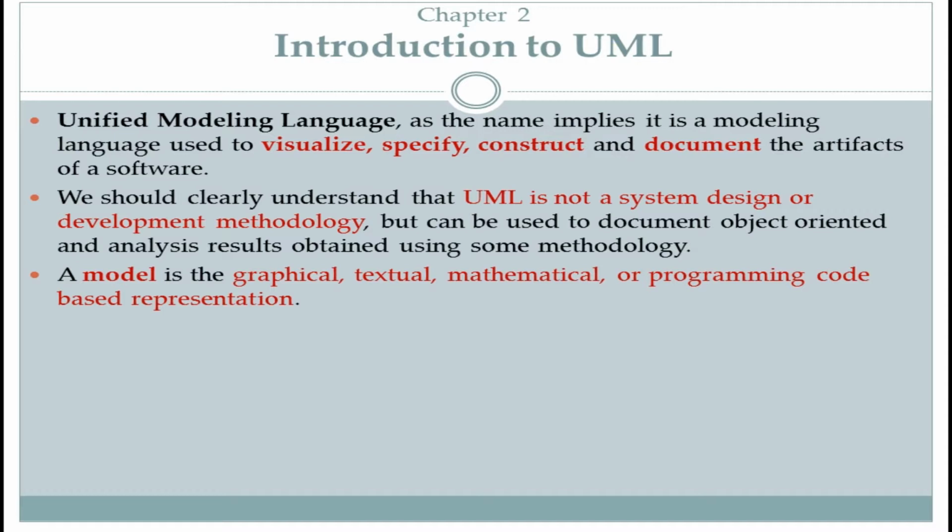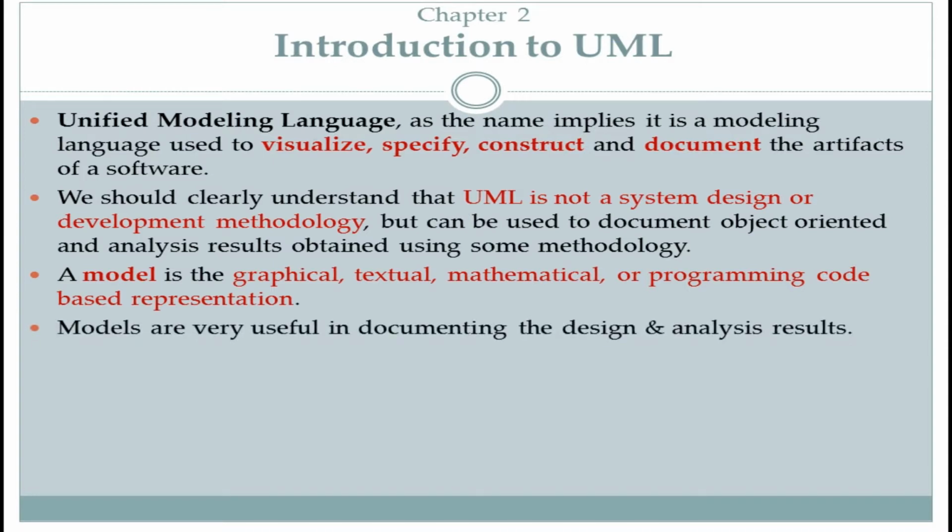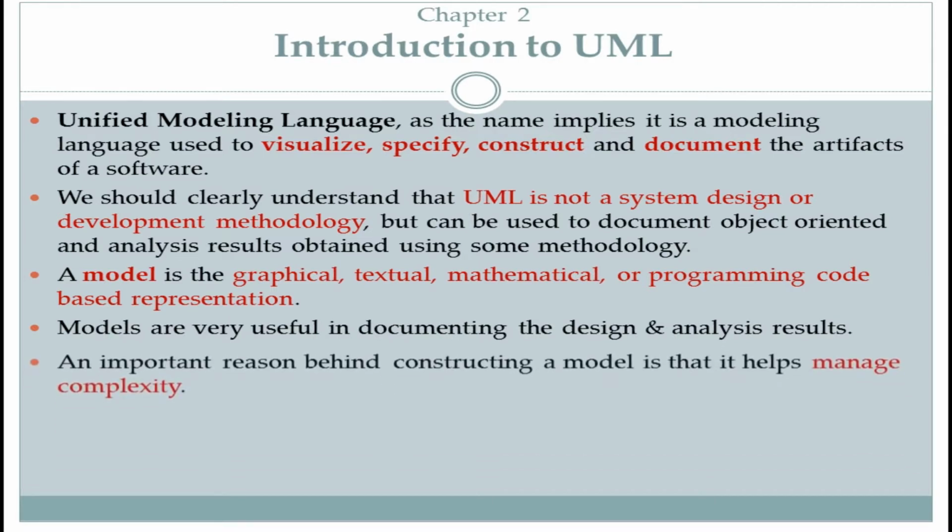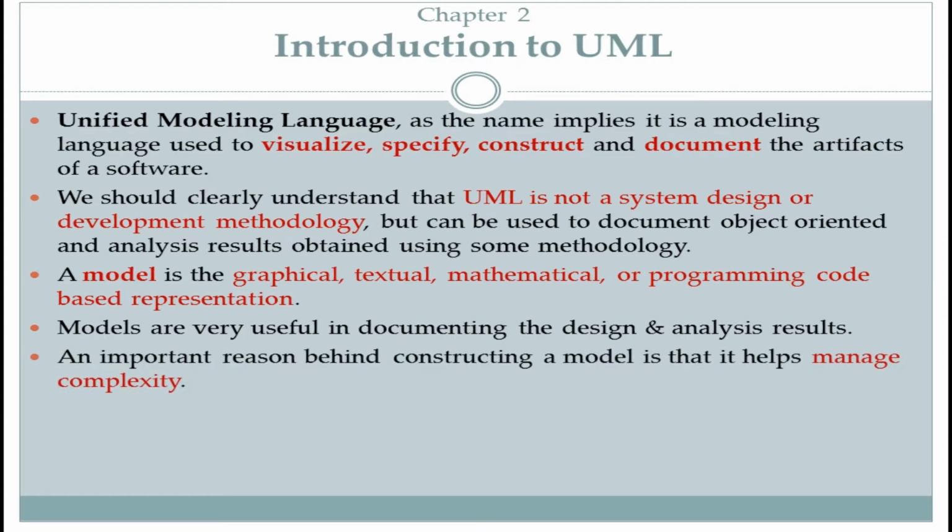A model is nothing but a graphical, textual, mathematical, or programming code based representation of a proposed system. Models are very useful in documenting the design and analysis results. An important reason behind constructing a model is that it helps to manage complexity.